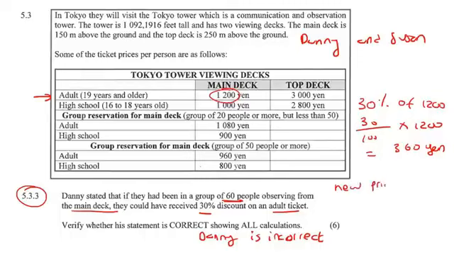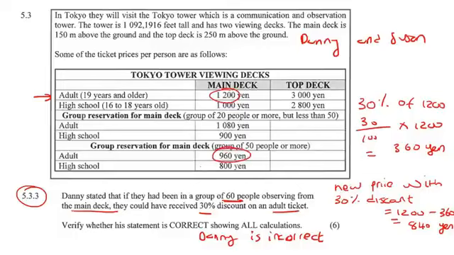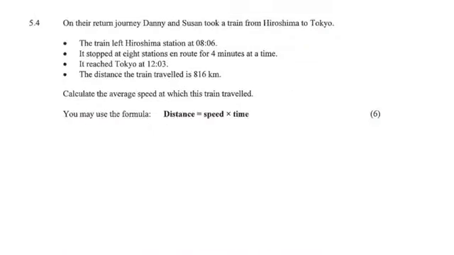So then the new price with a 30% discount would be equal to 1,200 minus 360, which we said was 840 yen. But they said that you're gonna still have to pay 960, not 840. So he's not correct.